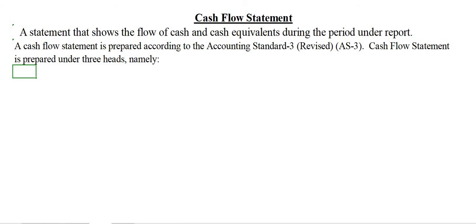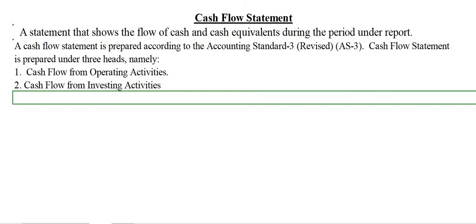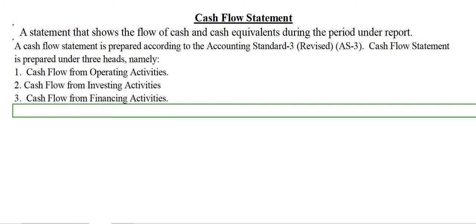So in the indirect method, flow of cash will be analyzed in 3 different heads. First one is cash flow from operating activities, then cash flow from investing activities, and cash flow from financing activities. These are the 3 different heads in finding out the cash flows.